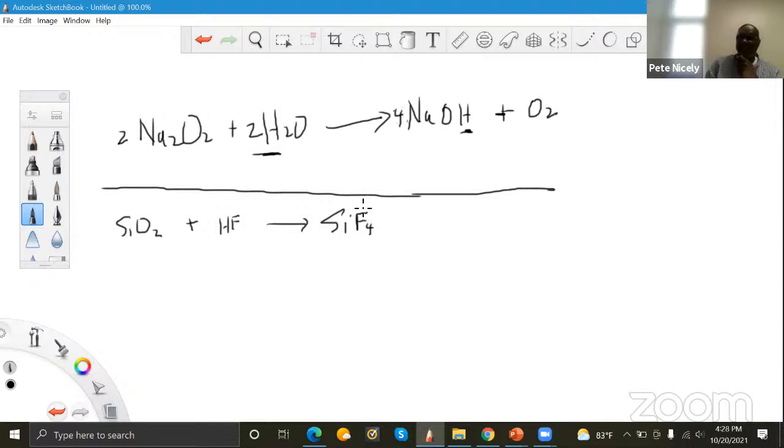SiF4. And then the last product is, I'm sorry, not oxygen, water, which of course is H2O. Okay, so now that we have this, how do we balance it?